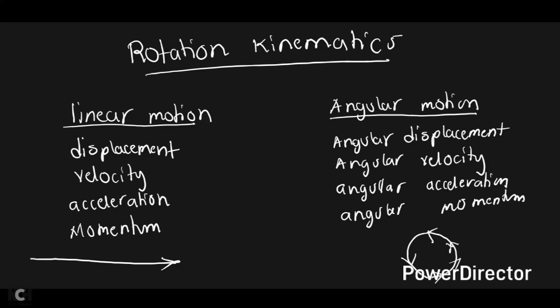So how about the units of displacement in linear motion? The SI units that we use for displacement or distance in linear motion are meters. How about velocity? Velocity is meters per second. How about acceleration? Acceleration is meters per second squared.